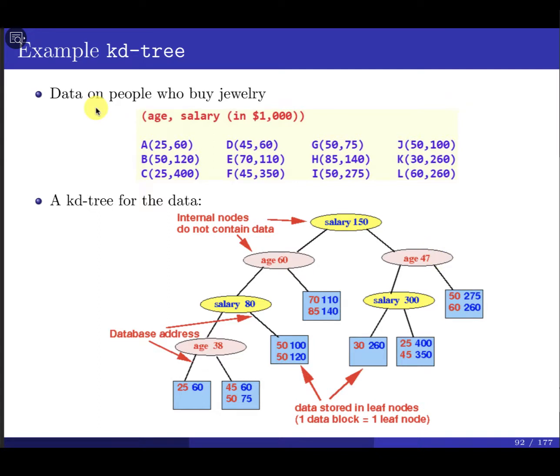So let's have an example. Assume that this is the data that you want to store. We have age and salary. Of course we have more columns, but we're not interested in those columns to be stored in the index. So we have the age, the salary, and a pointer to where the rest of the data is stored. Assume we're going to build the KD tree based on the first dimension being the salary.